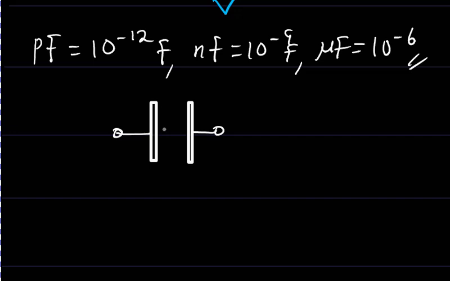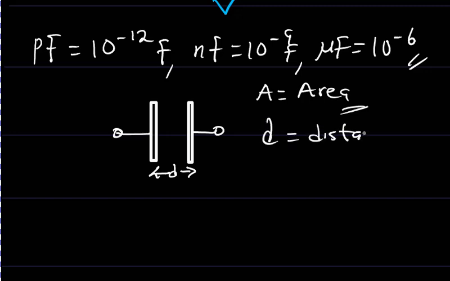The parallel plates have a surface area, or cross-sectional area, A. Now there's a distance. Let the distance between the two plates, that is the distance apart, be D.